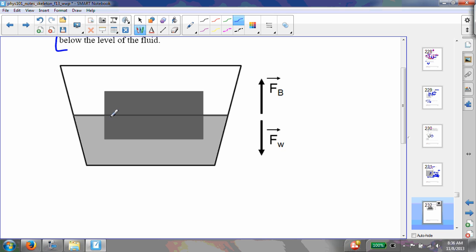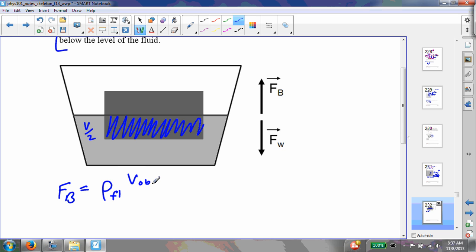So to find the buoyant force, let's say if just half of the volume was submerged, it would equal the density of the fluid times the volume of the object divided by 2, because that's the part that's actually underwater, times g.